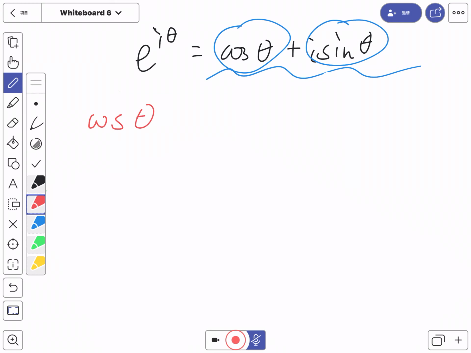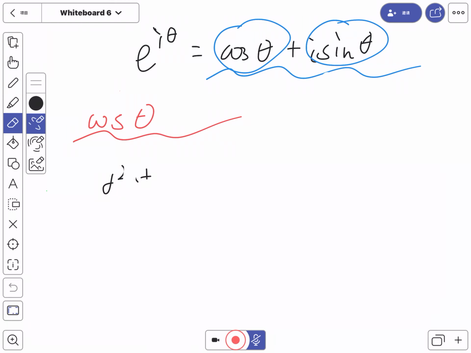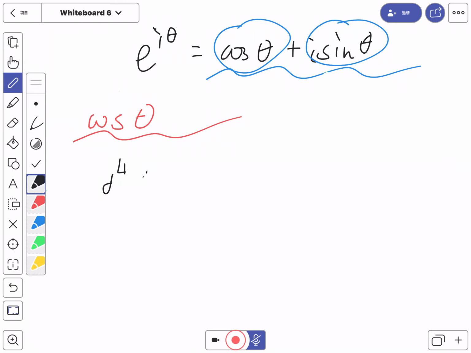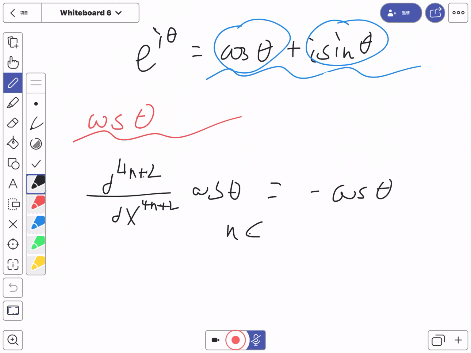Something special of cosine of theta is that if we take 4n plus 2 derivatives of cosine of theta, then this will be negative cosine of theta when n is an integer, greater than or equal to 0.